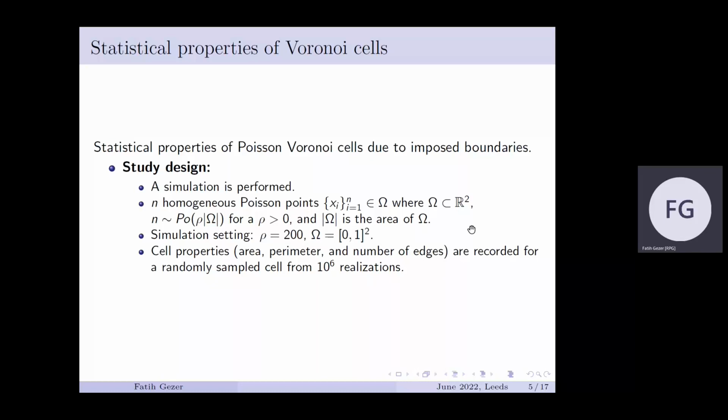And then we observe the cell area, cell perimeter, and number of cell edges in this region. We repeat the generation of new realizations of points 1 million times, and from each realization we randomly sample a point, and then we gather all of the information that we obtain from these cells and study how these properties are different.